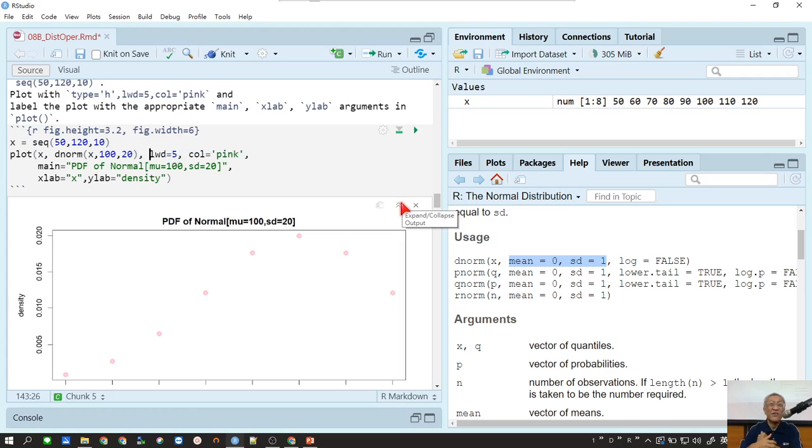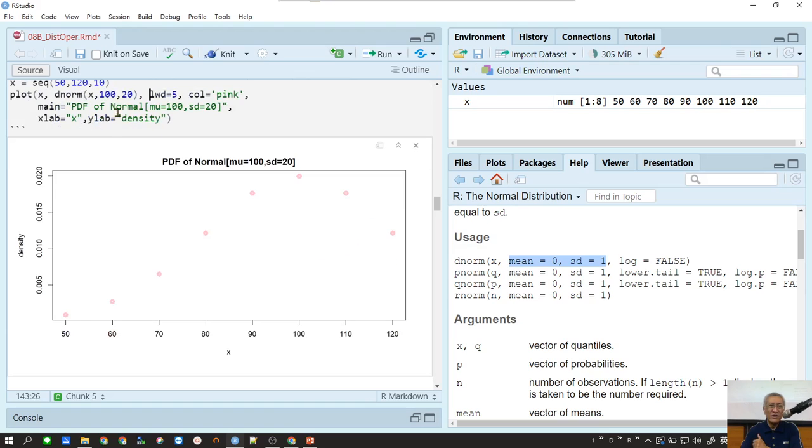Maybe this is even better, right? Okay. So for continuous distribution, this D function is not very useful unless you want to do a plot. Okay.